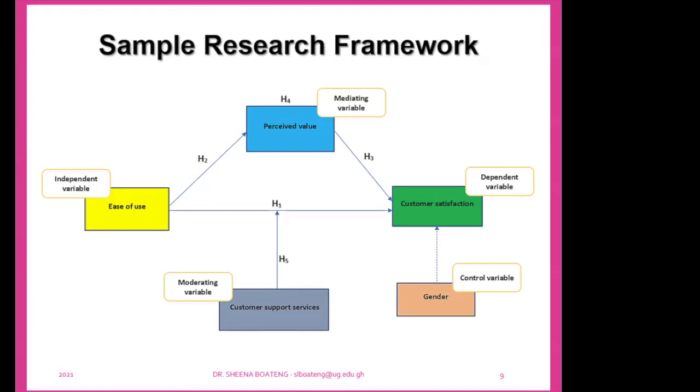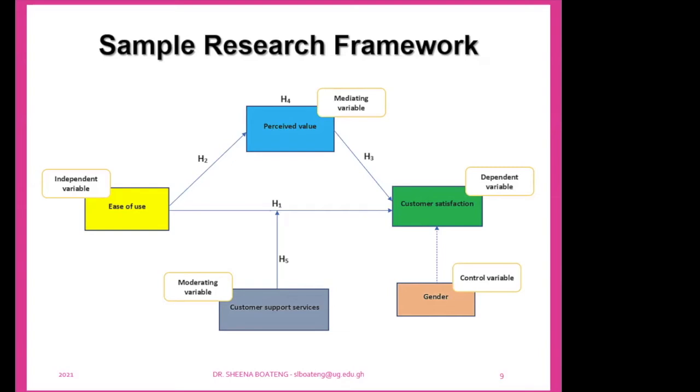But with customer satisfaction and ease of use, there's perceived value, which will come between ease of use and customer satisfaction, and also customer support services. Now, what you've told us is the whole model. I've not even gotten to those other two you've added. Currently, our focus is on the independent and the control variable. Yes, Abdul Haq.